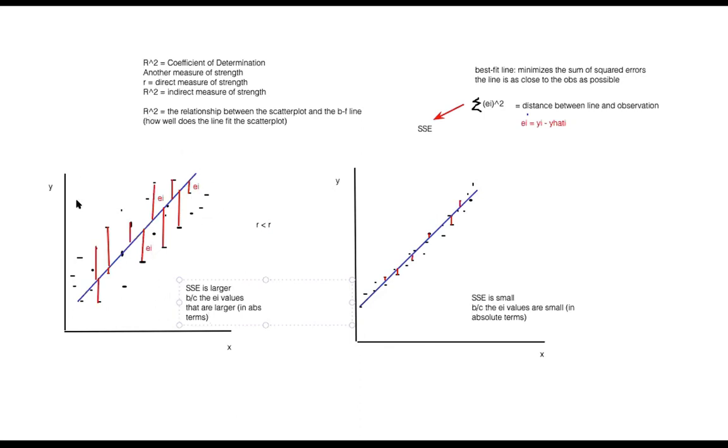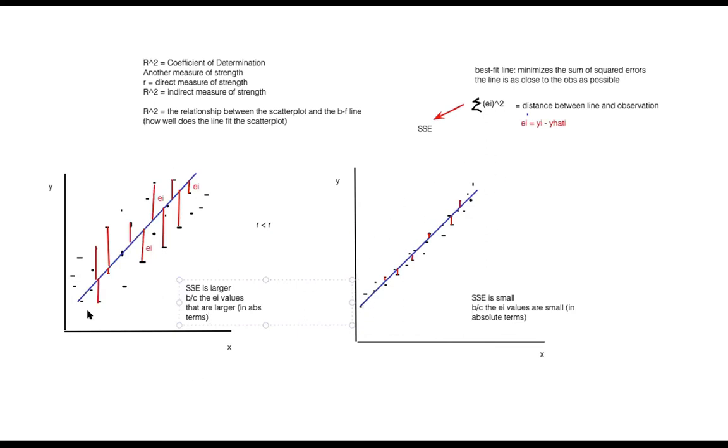Any other line would end up with an even larger SSE here. So this is still the best fit line. It still minimizes the SSE value, but because this is a looser scatter plot, here the SSE is larger than the SSE from this scatter plot.